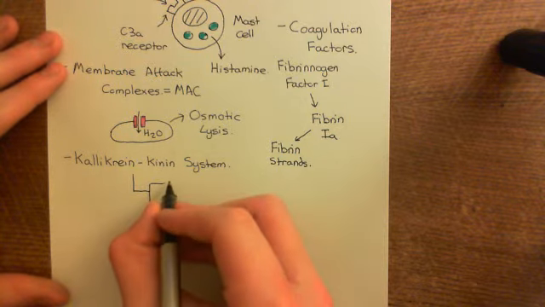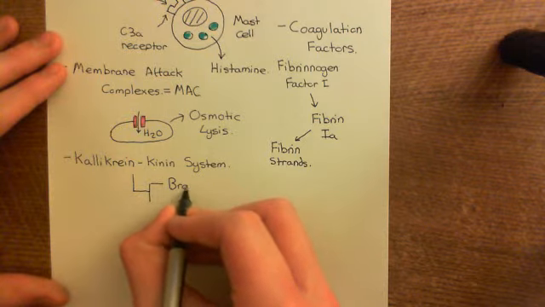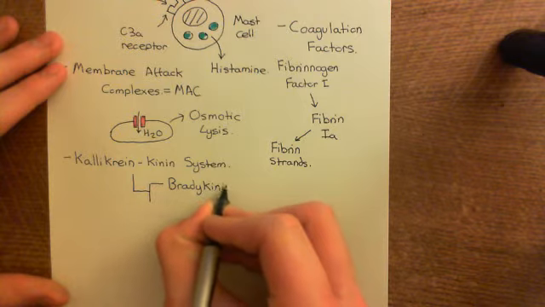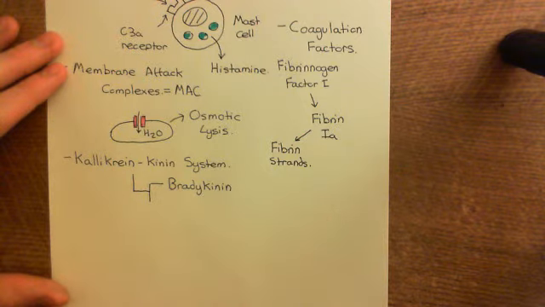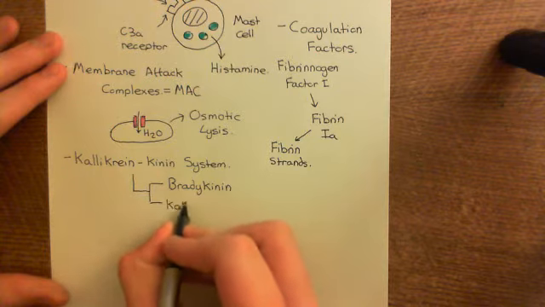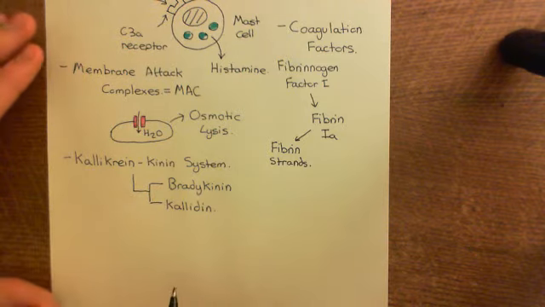The overall big picture is that you produce bradykinin, for one, which is produced from the high molecular weight kininogen that comes in from the blood. You also produce kallidin, which is produced from the low molecular weight kininogen, which isn't actually within the blood, it's already in the interstitial fluid.